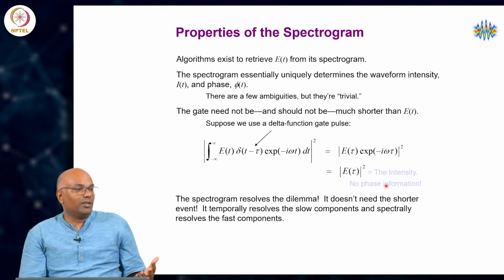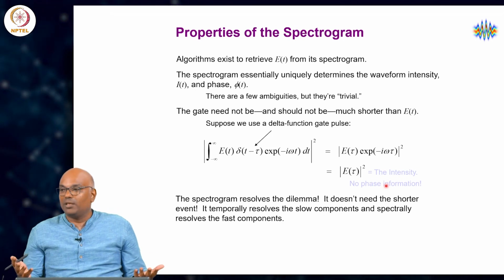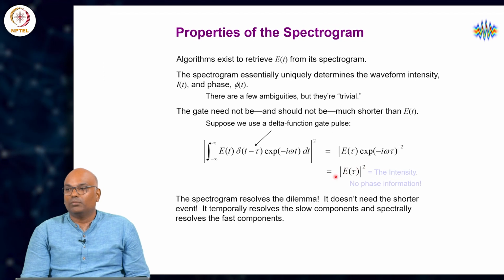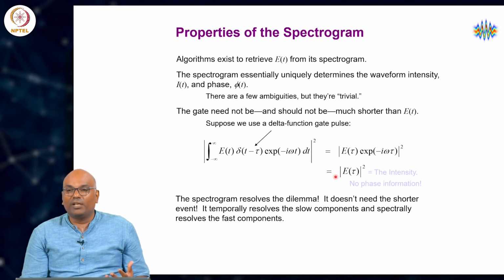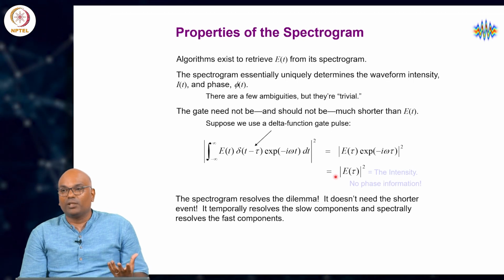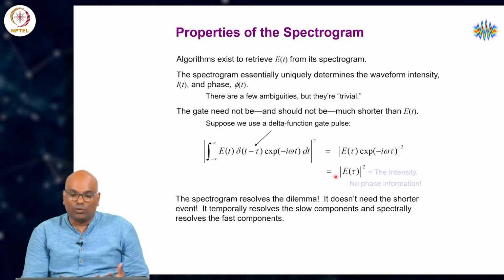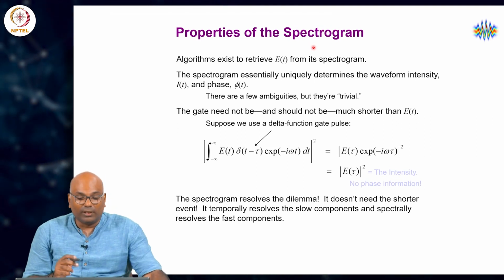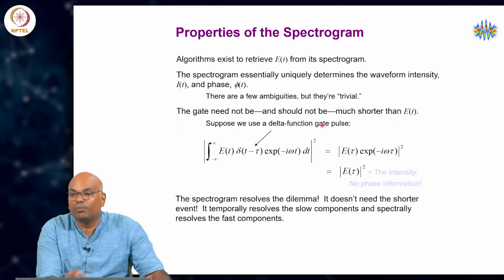In linear interferometry, you got intensity information about the waveform. So, this trivializes the process of approaching this problem and resolving it through the use of a spectrogram. Therefore, the gate function should not be much shorter than the pulse.